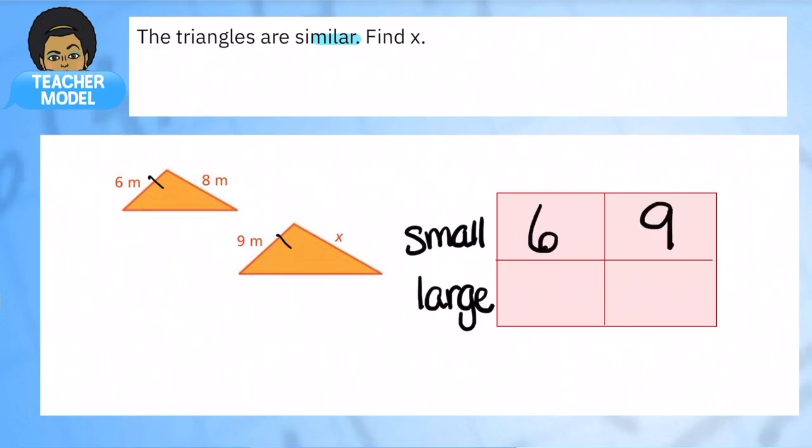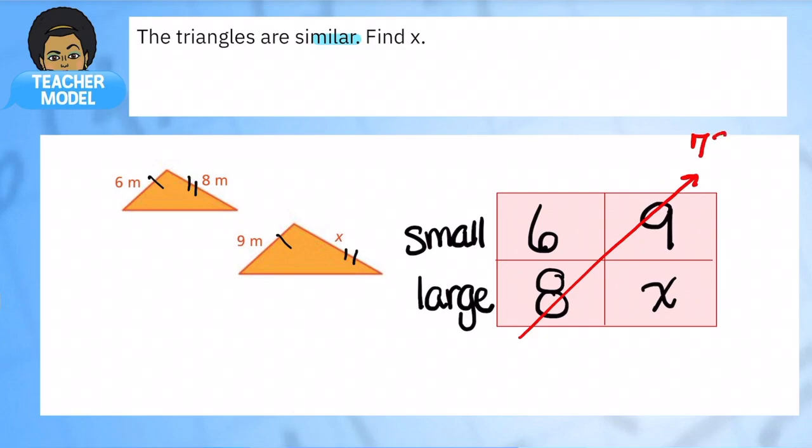Those are both the smaller ones. And here, 8 is the larger side with the measurement I have, and it corresponds to X. All right, now I'm going to use my cross products. And again, you may not have done this in 7th grade, and if you're new to math mini lessons, you've never done this before. So watch what I'm going to do. I'm going to just start with my cross products.